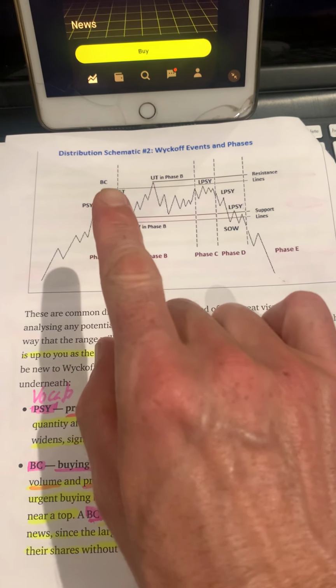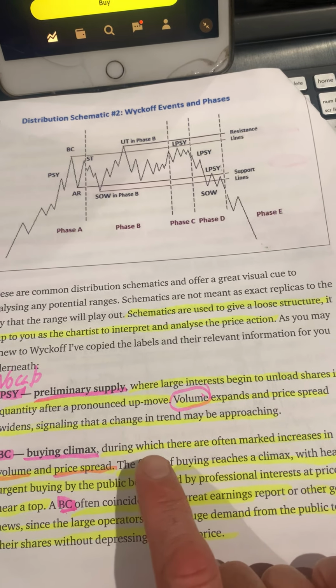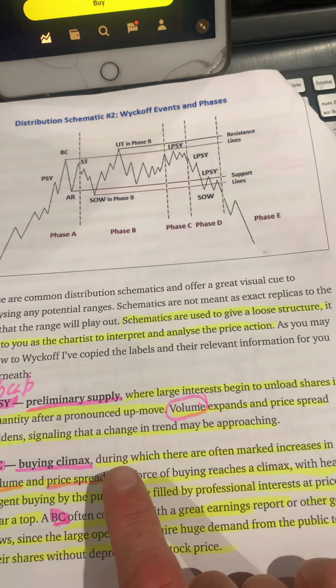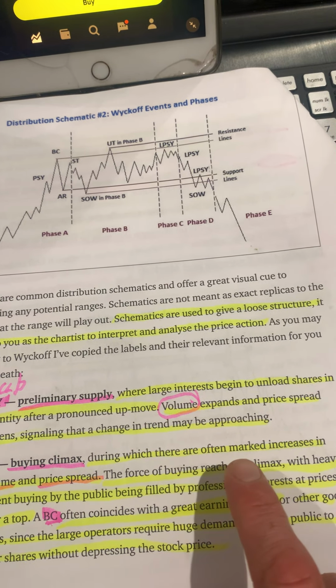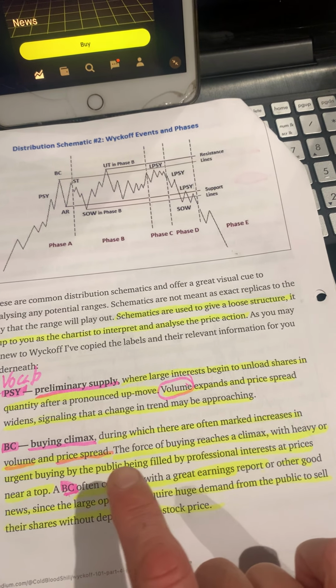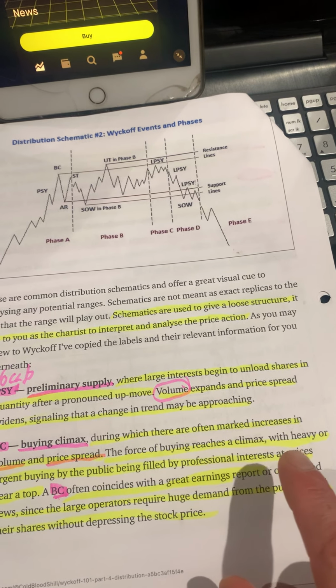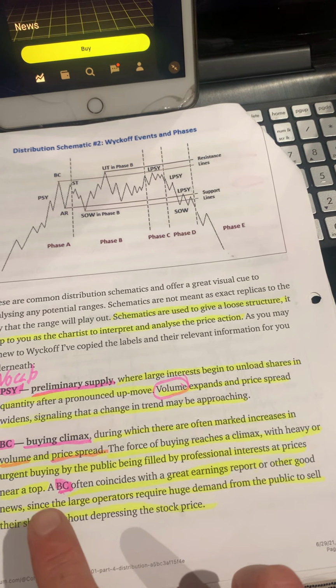BC, before Christ. No, it's not. Buying climax, and that's not the other climax. During which there are often marked increases in volume and price spread. The force of buying reaches a climax with heavy volume near a top.